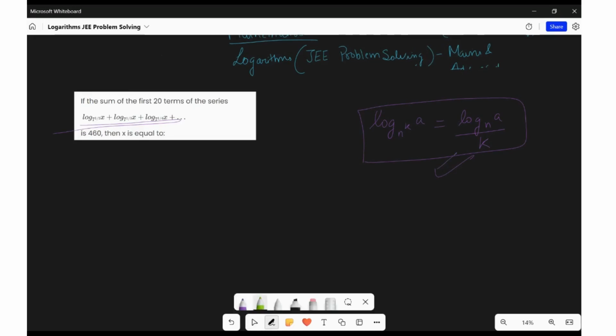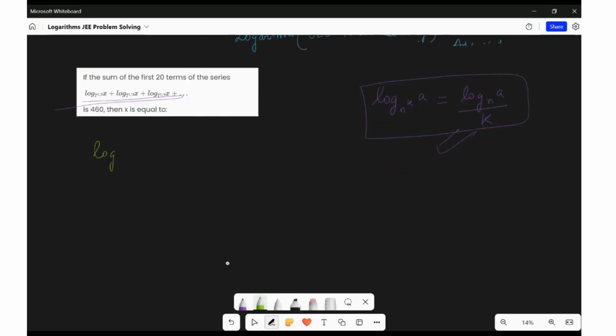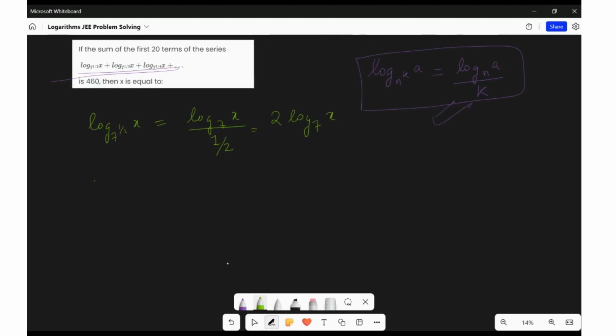So log x base 7 to the power 1 by 2 can we write as log x base 7 divided by half, which is just 2 into log x base 7? Alright, now similarly, log x base 7 to the power 1 by 3 is 3 log x base 7.